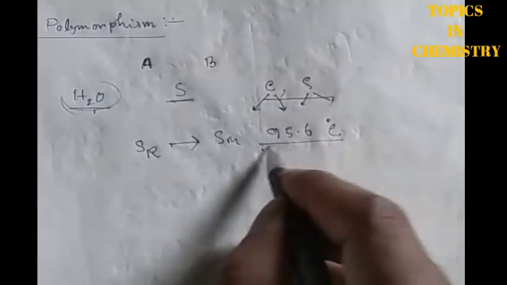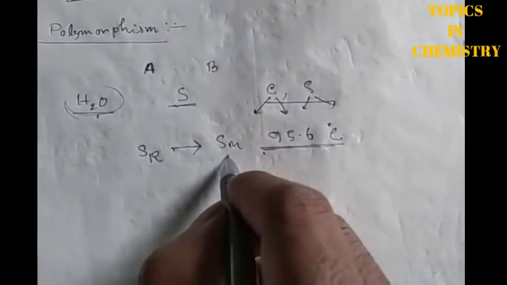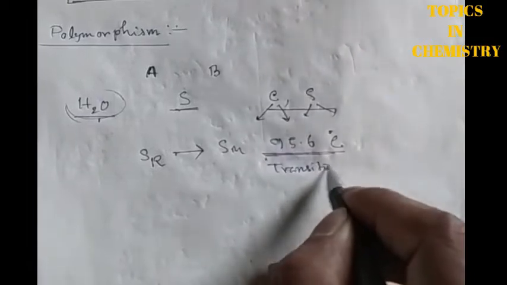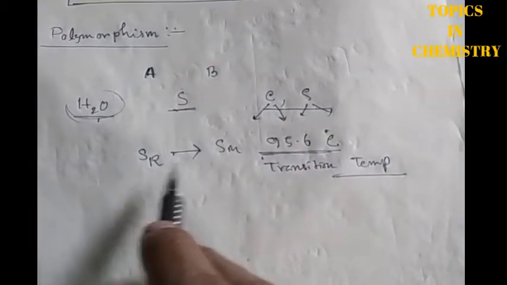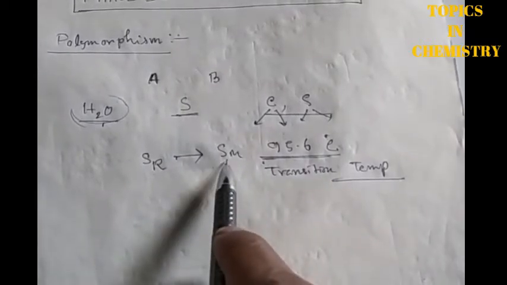This temperature at which one polymorph converts to another is called the transition temperature. So the transition temperature for sulfur is 95.6 degrees Celsius. Alternatively, if you cool monoclinic sulfur, it converts back. Now you have to draw the phase diagram of sulfur.